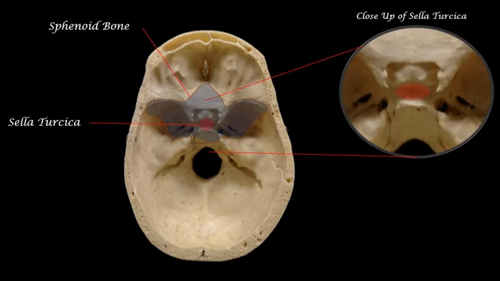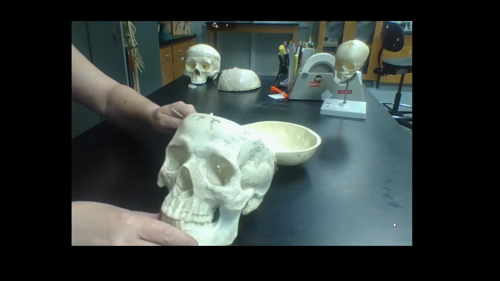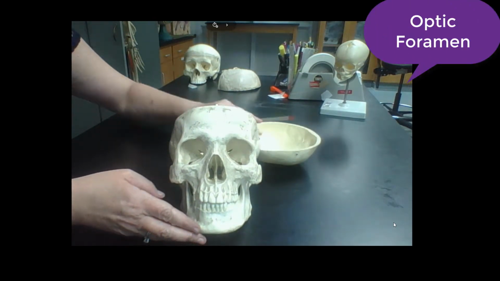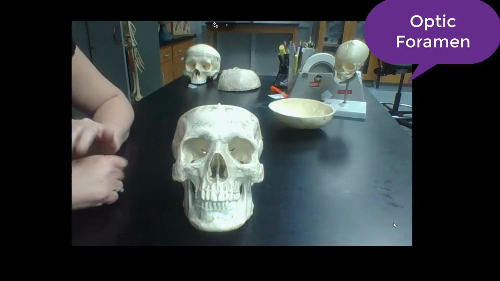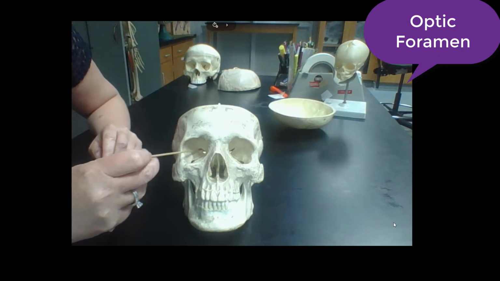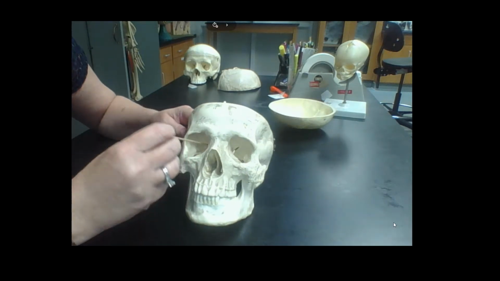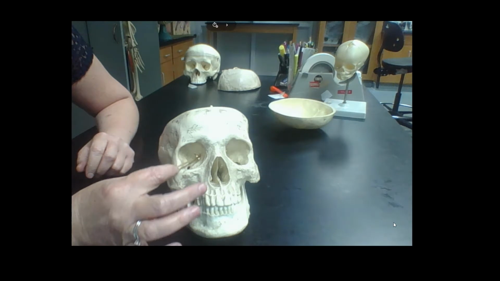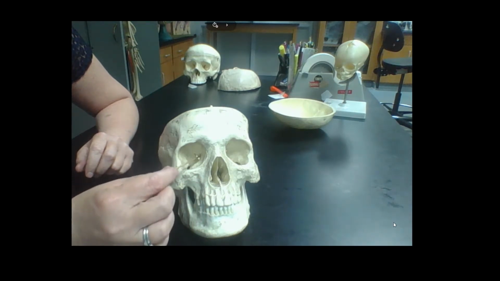Okay, also associated with the sphenoid bone would be your optic foramen. Okay. Plural would be optic foramina. So this here, actually I'm going to try to stick my stick through it. There we go. So this right here would be the optic foramen.